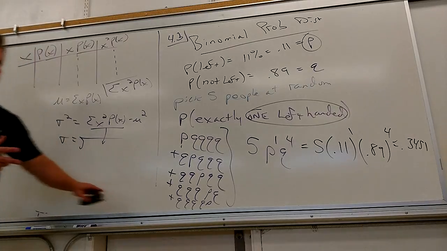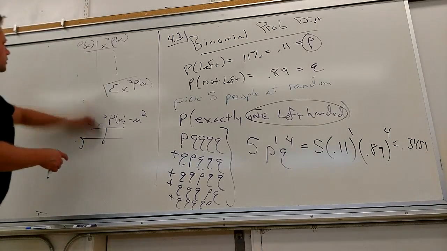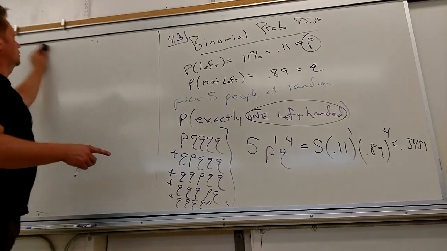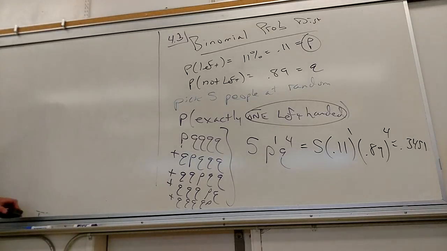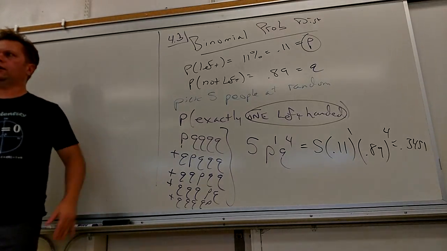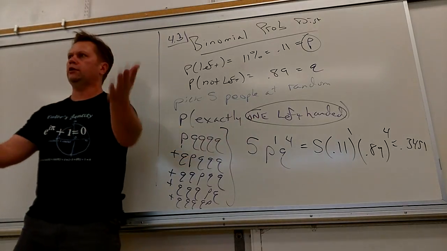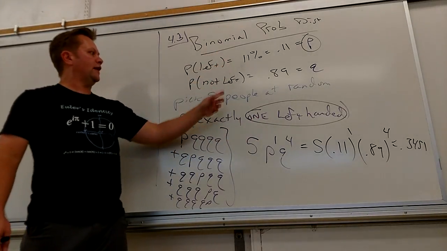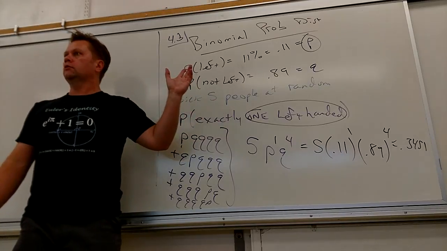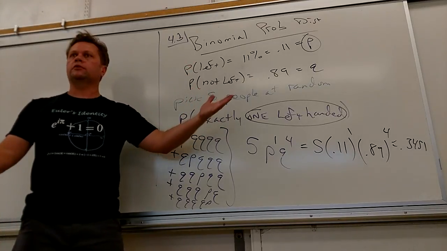So now let me break down the parts of what we've done. So what is it that doesn't always have to be the same? I don't always have to ask for 1. I could have said exactly 2, exactly 3. I could have had more than 5 people, right? I could have had 1,800 people or something, right?